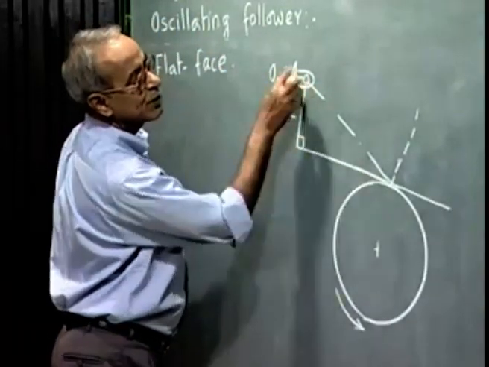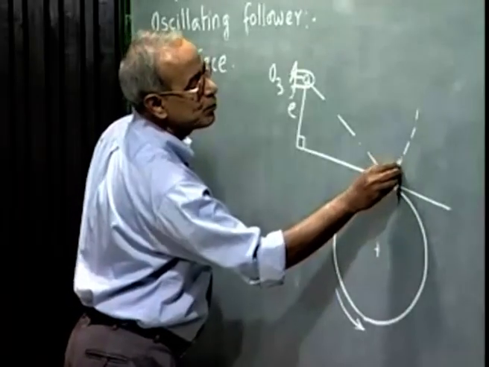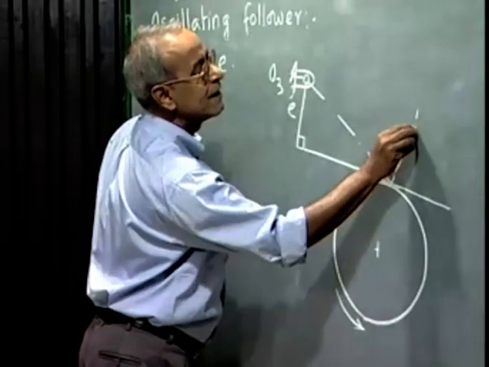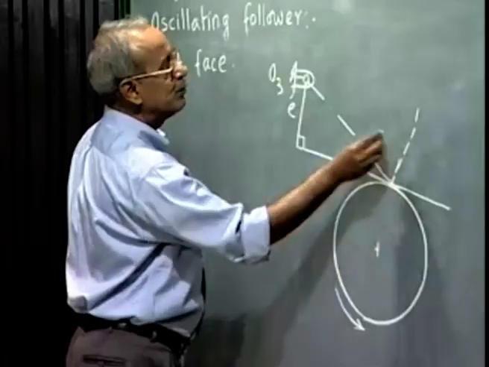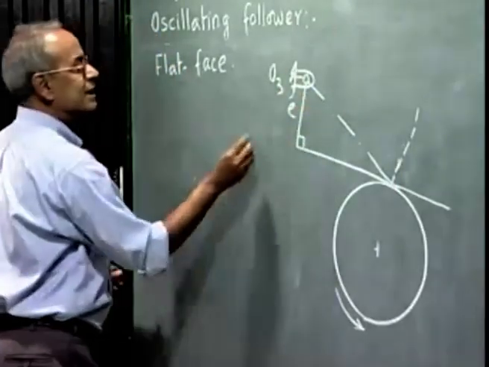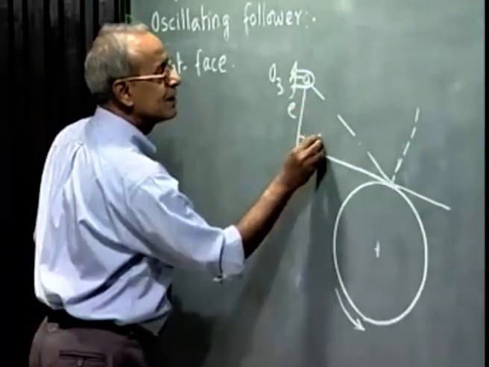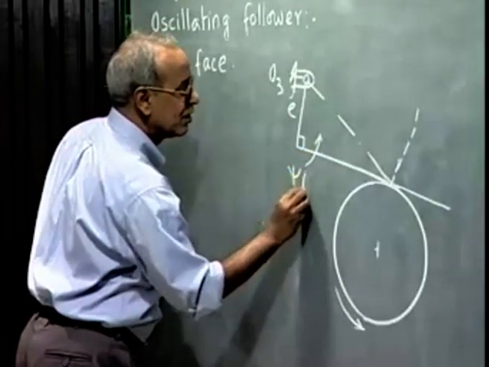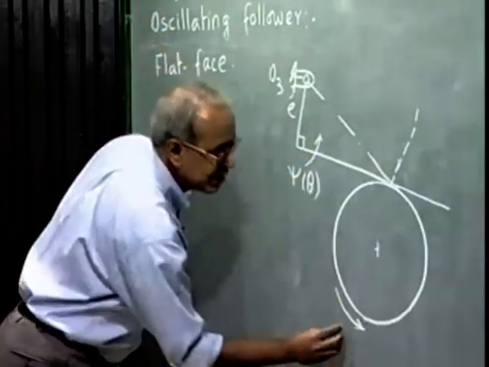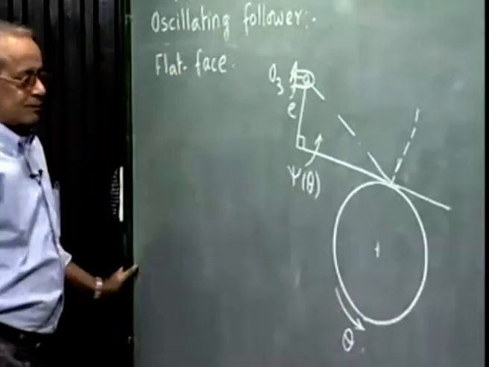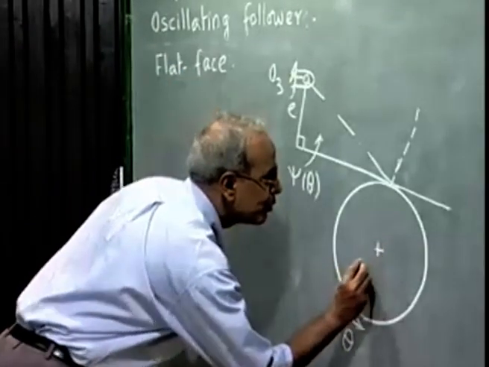This as radius and O3 as center. This trace point moves on this circle. And where will it be? Will be decided by the rotation of this, is what we call O2.